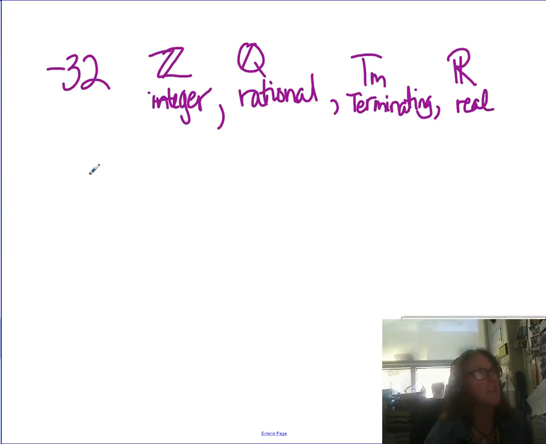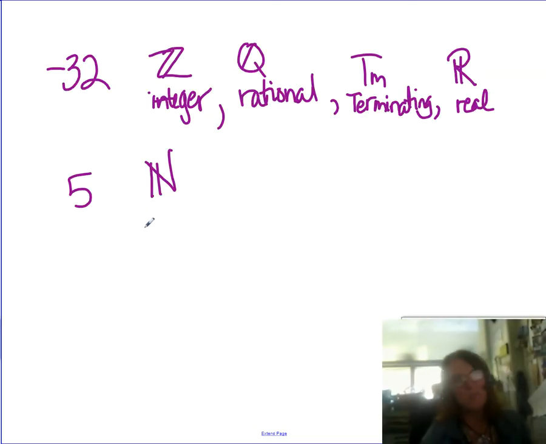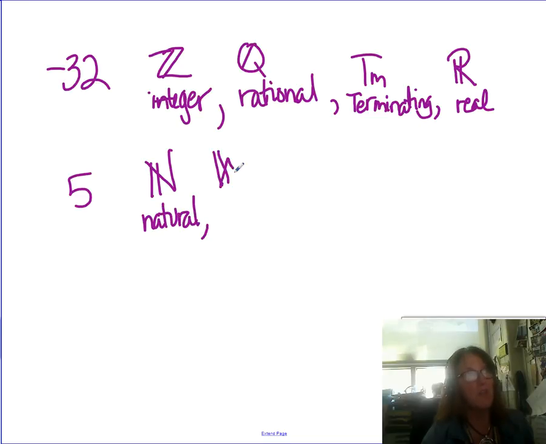All right, let's look at the next example. 5, +5. Holy Hannah, you're sitting back in your high chair counting Cheerios. Those are the counting numbers. So this guy, I guess the two lines go on the downstroke of the N like this. This is natural. If you are natural, you are automatically a whole number. When you're a whole number, you are automatically an integer.